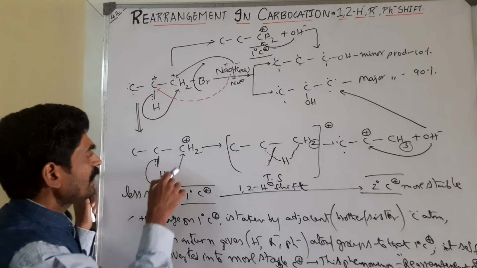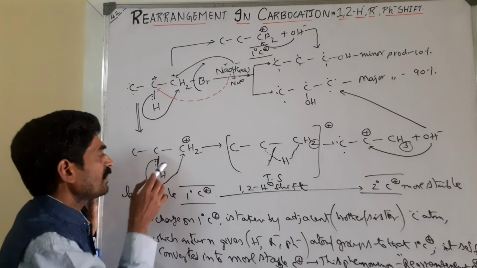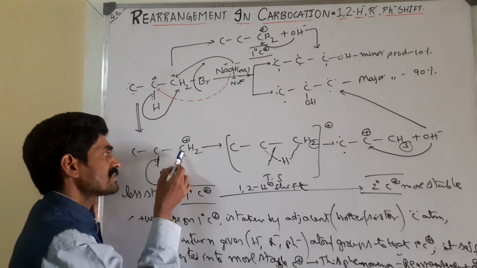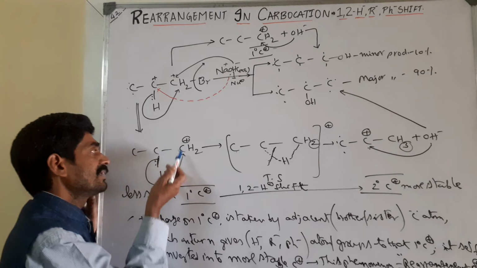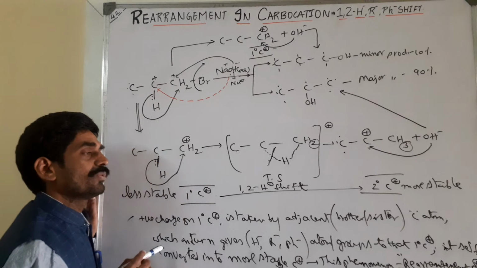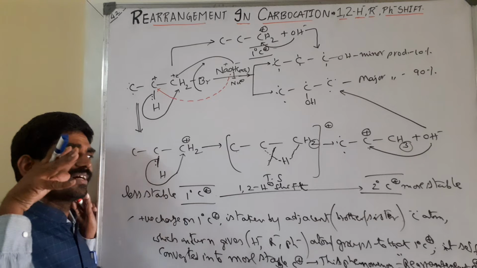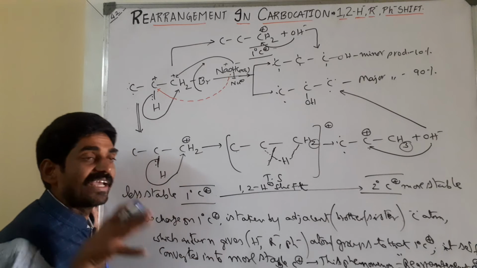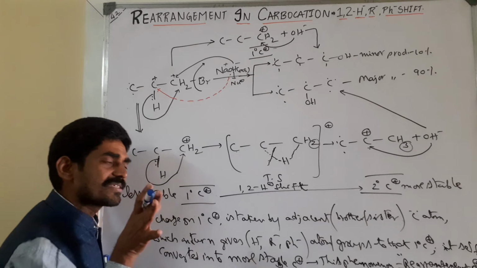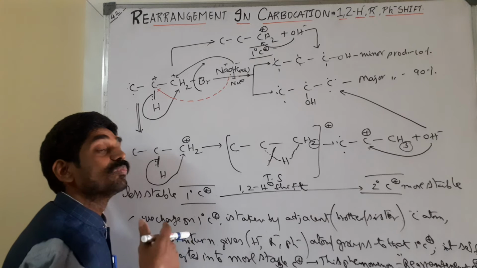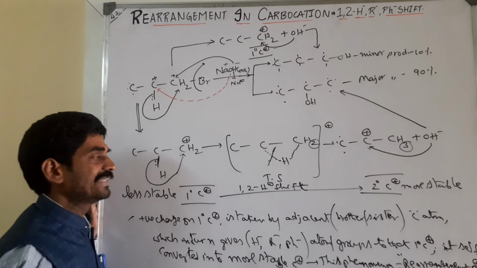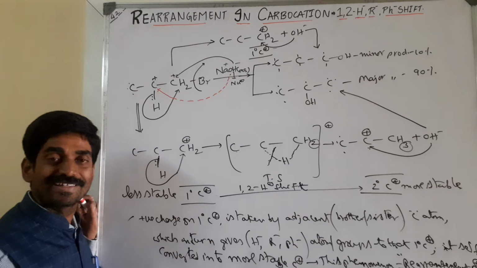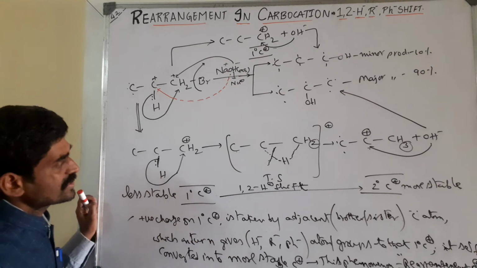The shifting of atoms or groups of atoms makes that carbocation stable and itself is converted into a more stable carbocation. So the main aim of rearrangement is to convert the less stable carbocation into a more stable carbocation, to increase stability. Is it clear? Right? Copy it, my students.